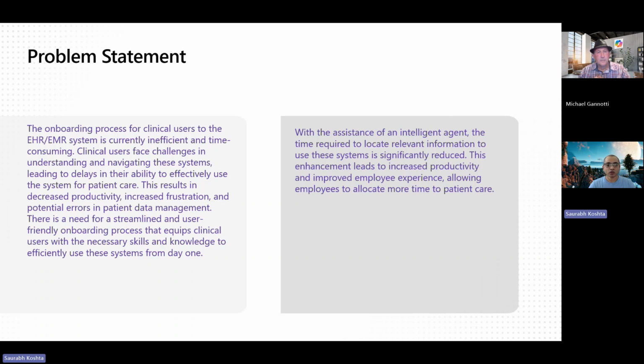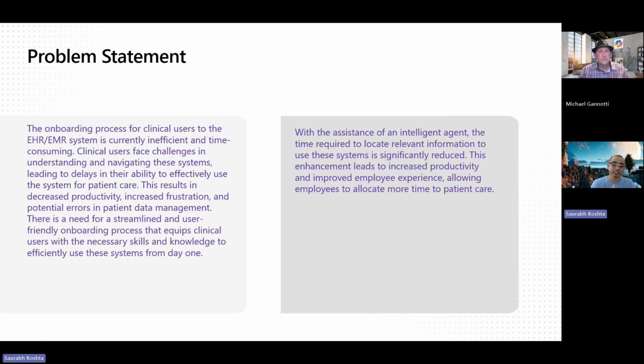So how does it help? With the assistance of this agent, the goal is to reduce the time to find the information you're looking for, and to do it in a very natural way. If you had to walk up to a colleague and say, hey, can you help me with this information, and they probably know it, you can use exactly the same process.